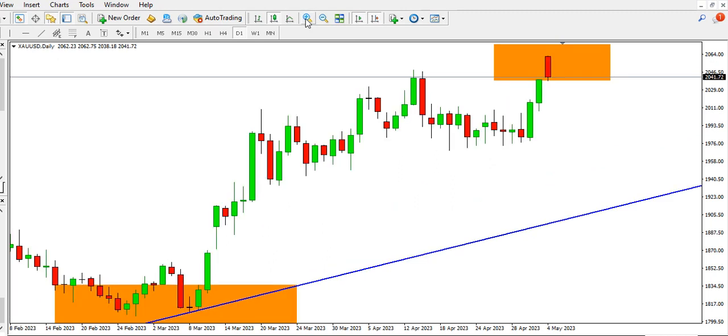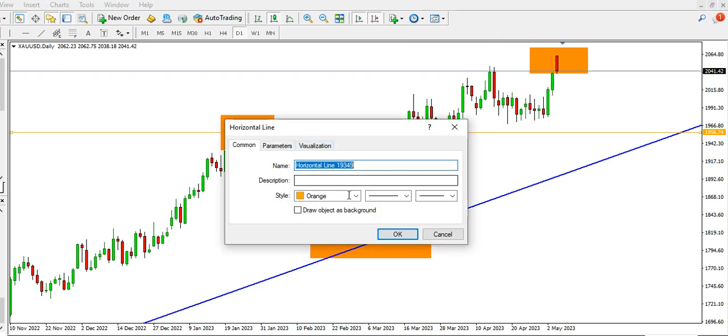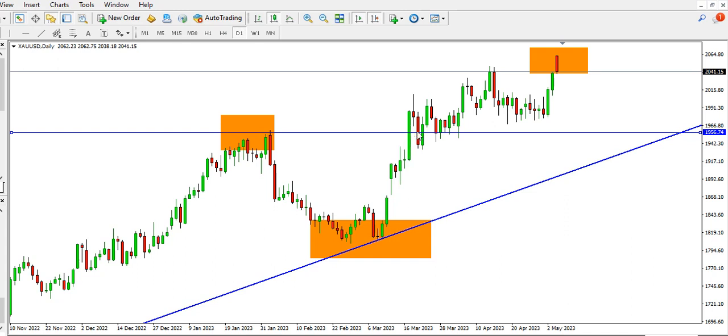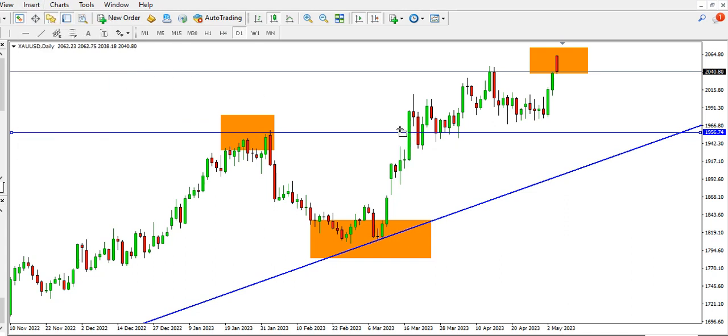Now another thing to look at is the break of structure. Price broke structure to the upside around here. Price of gold broke structure to the upside around this particular area here. So we have a breakout to the upside. It happened around here.